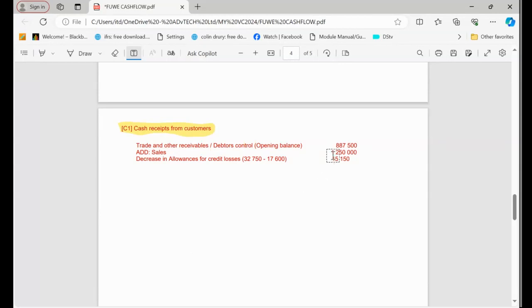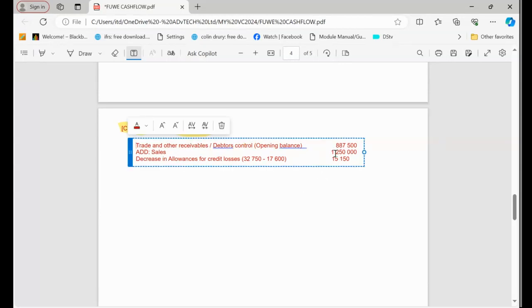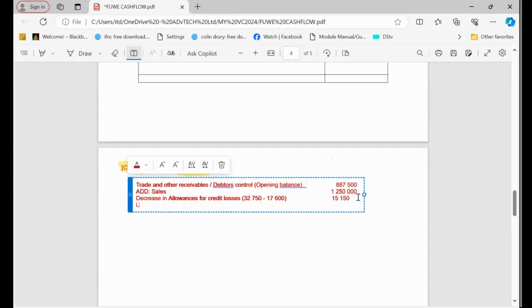Can we take it a bit further? Yes, we can. And now is when we can less trade and other receivables, but this one must be at the end.